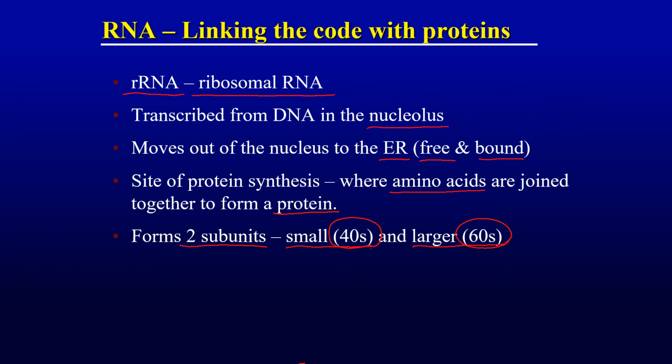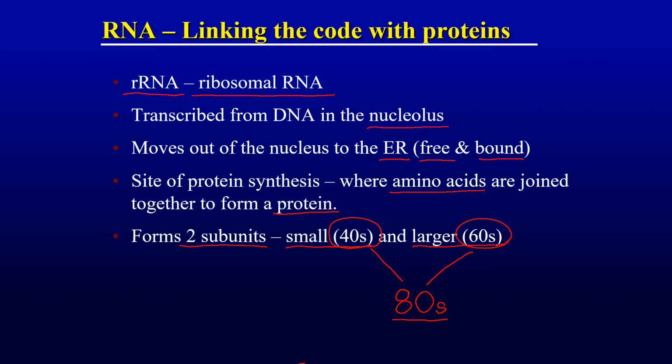Now a complete ribosome is composed of a small subunit and the large subunit, and when they're joined together they form a complete ribosome which actually has a sedimentation coefficient of 80S. So eukaryotic ribosomes have a sedimentation coefficient of 80S, and they're known as 80S ribosomes. Now I know it seems kind of odd that the small ones have a coefficient of 40 and the large ones of 60, and if you add these up it makes 100, but when they're joined together they only have a sedimentation coefficient of 80.